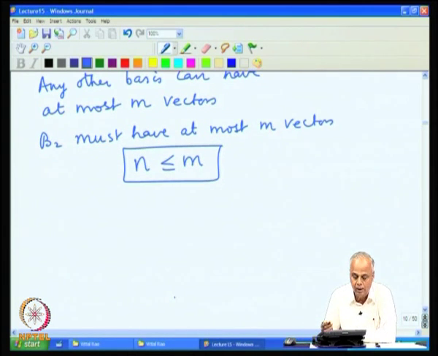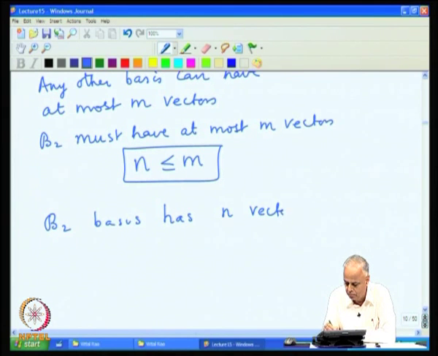On the other hand, look at B2 as a basis that has n vectors, and the moment you have a basis which has n vectors, any other basis must have at most n vectors.